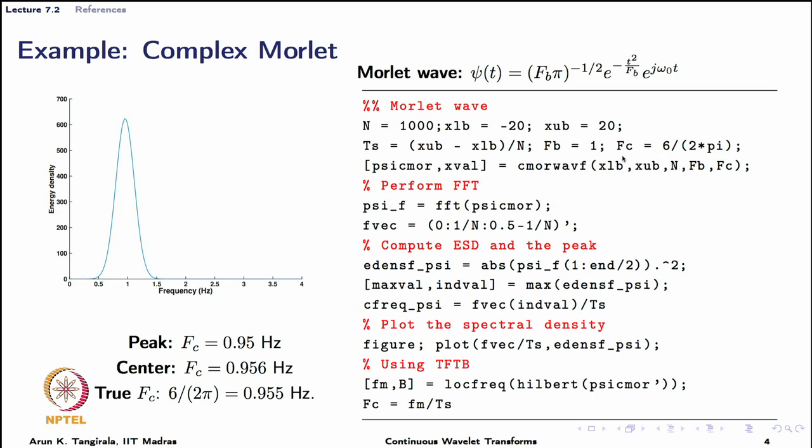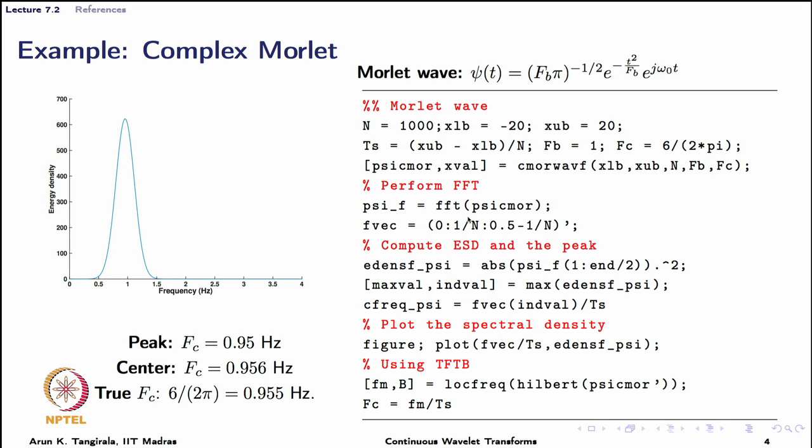And we have set the values of Fb and Fc to the same values that I have discussed earlier. The cmorwavf takes in the interval over which you want to compute, the values of Fb and Fc, and the grid size, that is the number of grid points, and returns the Morlet wave as well as the time points at which it has computed the Morlet wave.